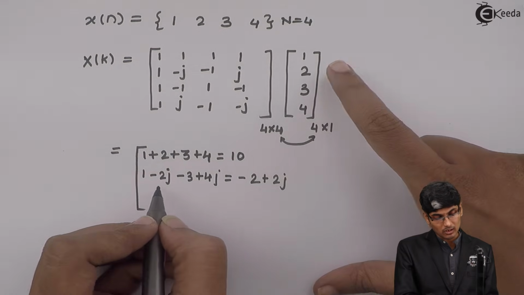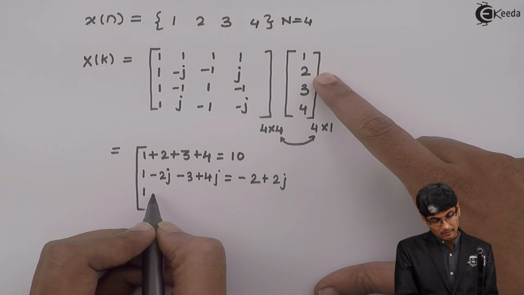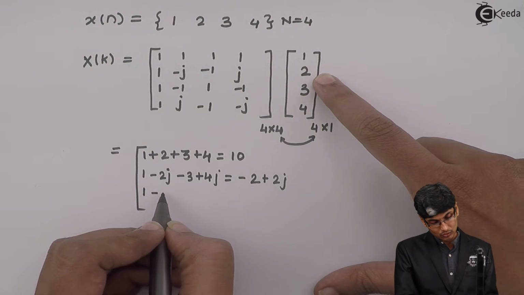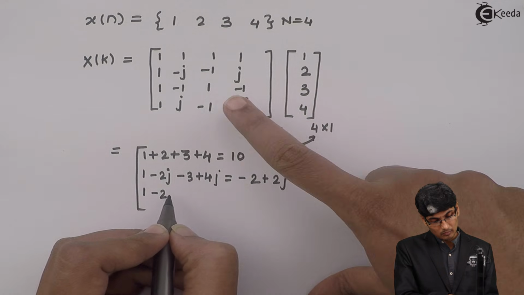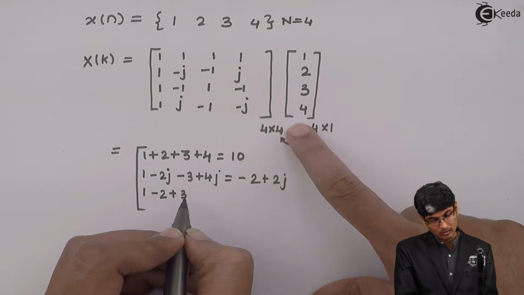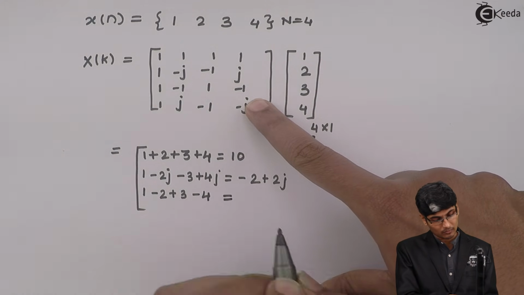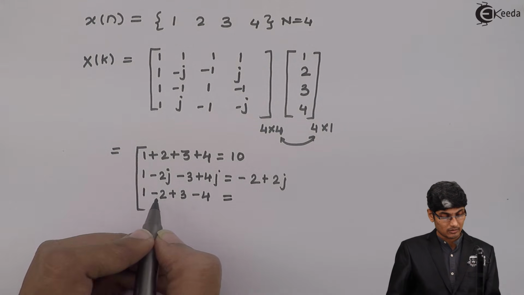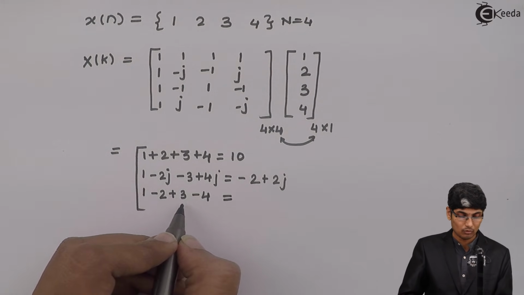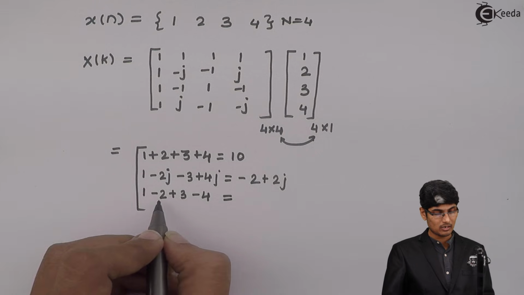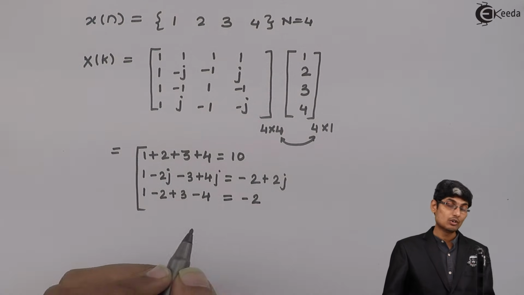Then for the third, I will have 1 minus 2 plus 3 minus 4. That will give me 4 minus 4, which is 0, and this will be minus 2.